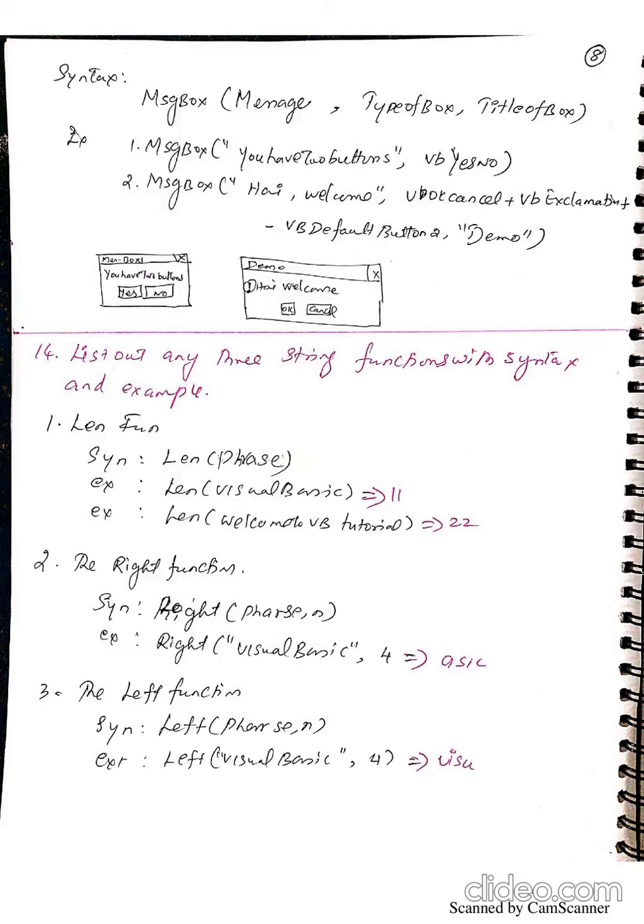The syntax: message box, message, type of box, title of box. Message box, we have two buttons, vbYesNo. Message box, welcome, vbCancel, vbExclamation.